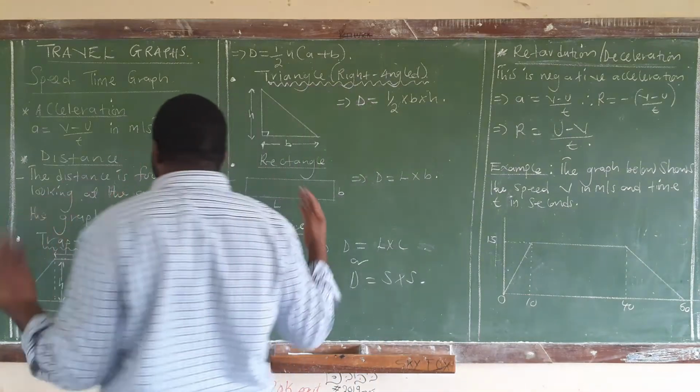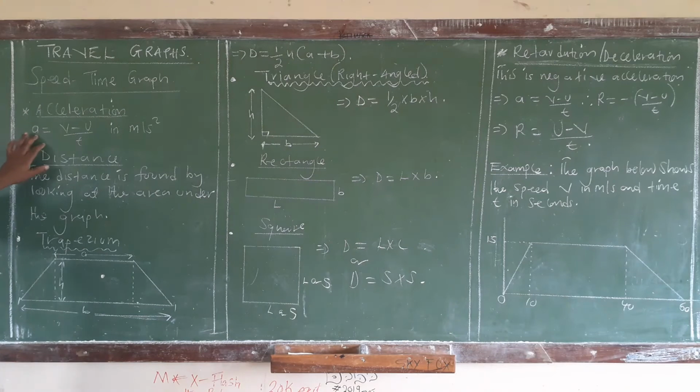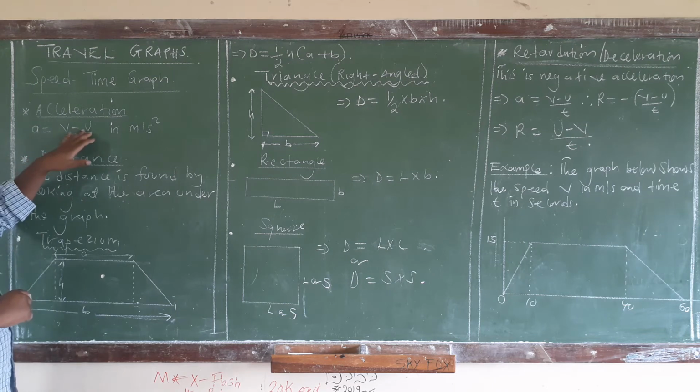Alright? Now, how do you define that mathematically? We say acceleration, that is denoted by A, is equal to V minus U over T in meters per square seconds. Now, what is V? V, that is the final velocity, and U is the initial velocity, T is the time taken.